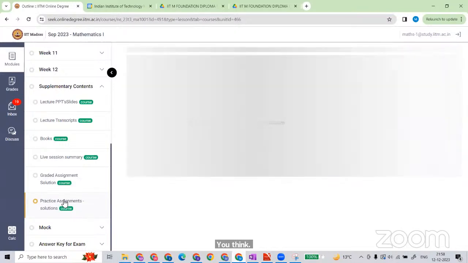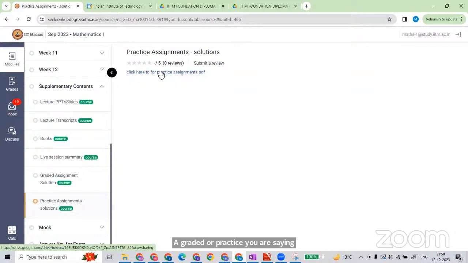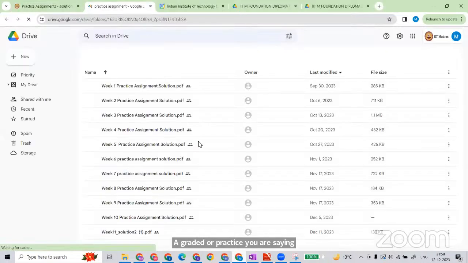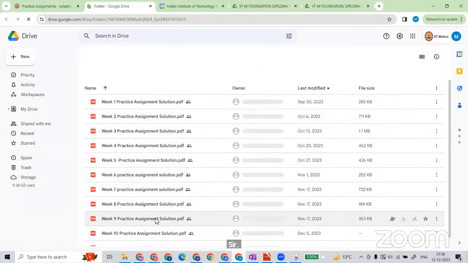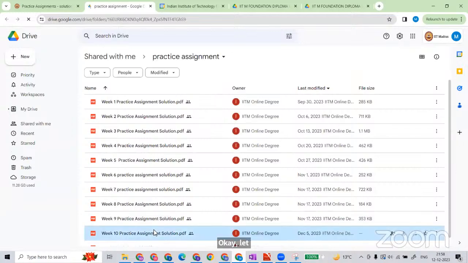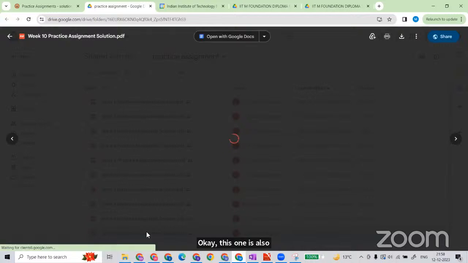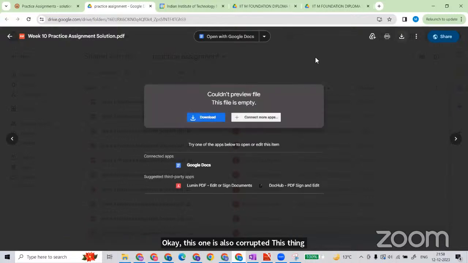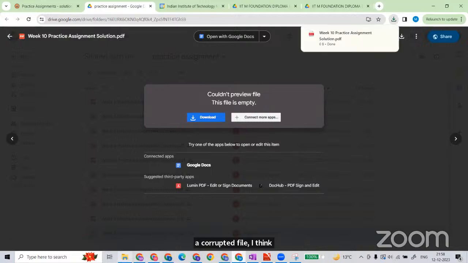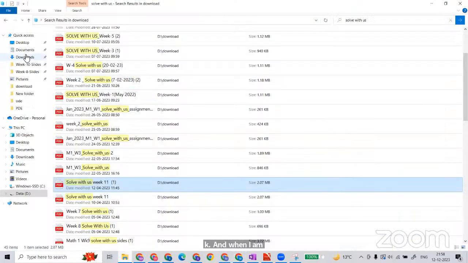Graded or practice, you are saying? Sir, practice. Okay, let me check. This one is also corrupted. It is showing a corrupted file, I think, when I am downloading it.